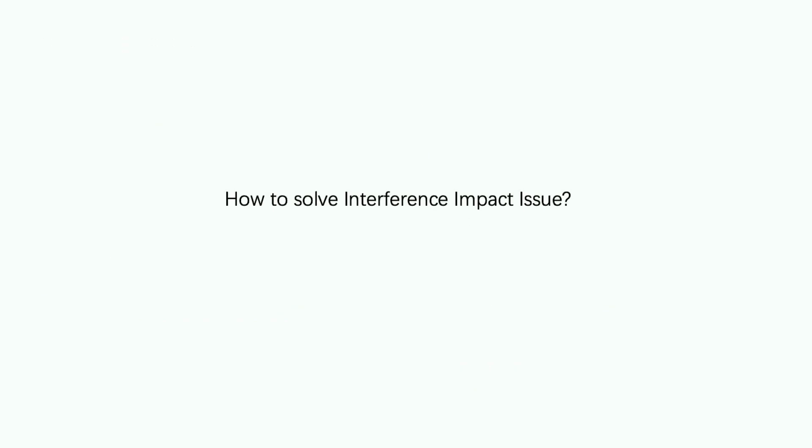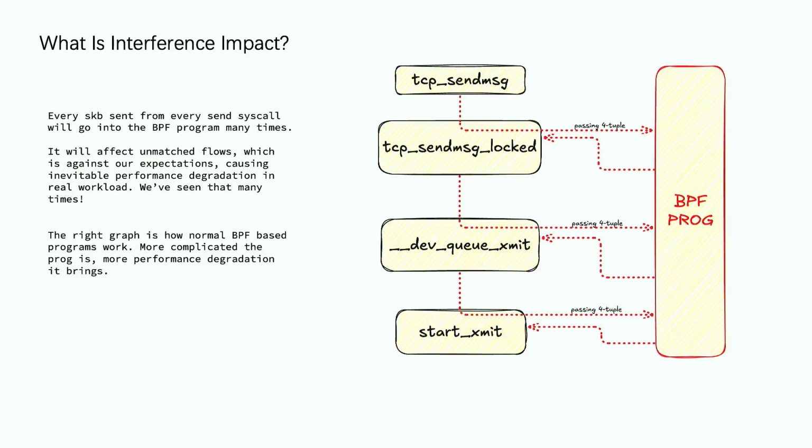And how to solve the interference impact issue? Okay, what is the interference impact? Let me see this figure. Supposing there are 10,000 flows established in the running machine, we only want to trace one of them by writing a normal BPF tool.